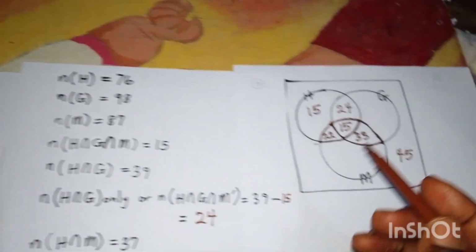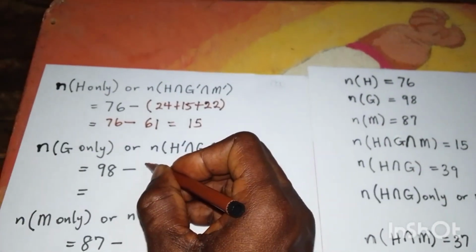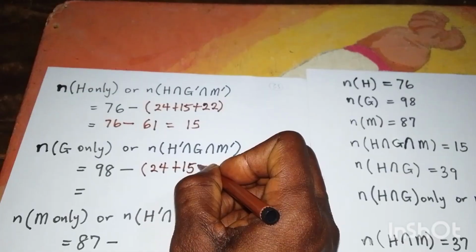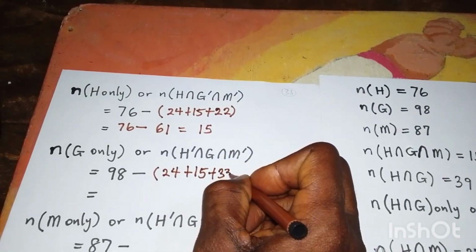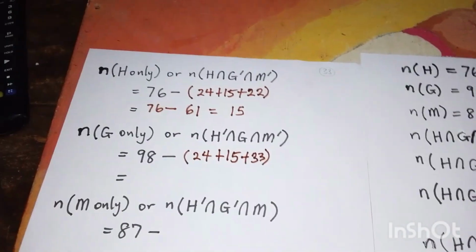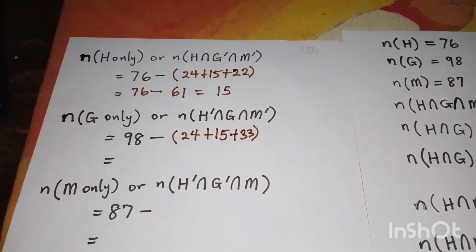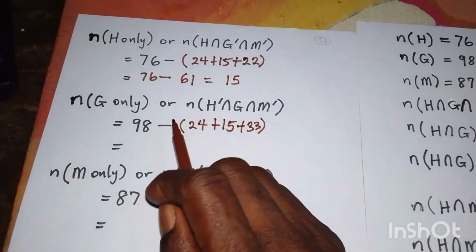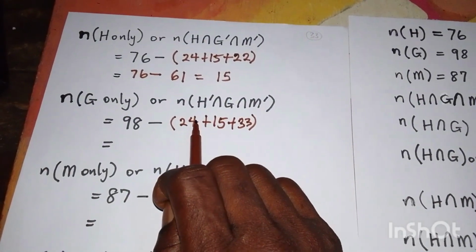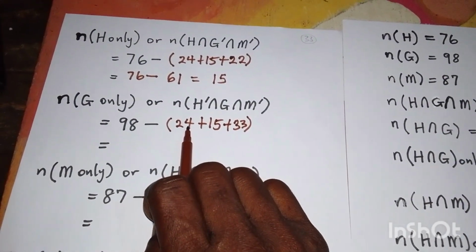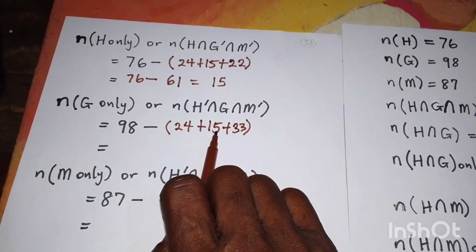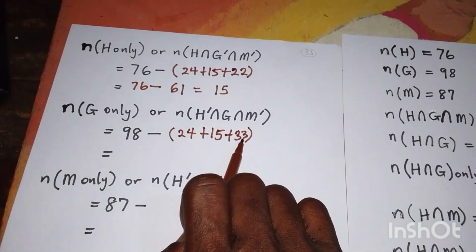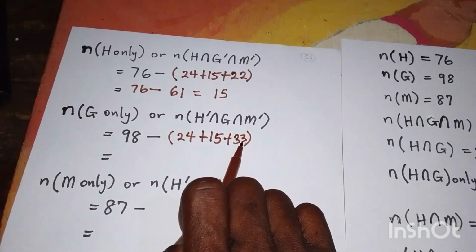So let's do that. 98 minus (24 plus 15 plus 33). We are looking for those that like only geography.